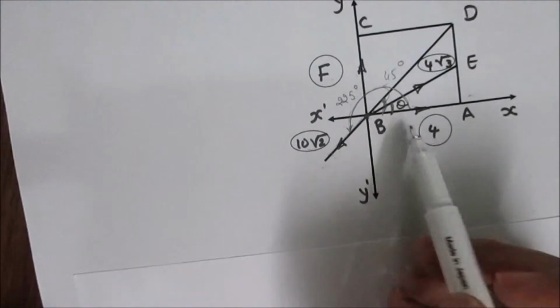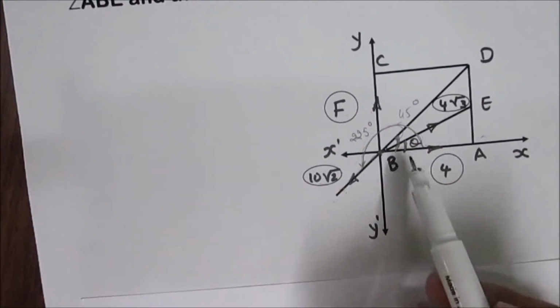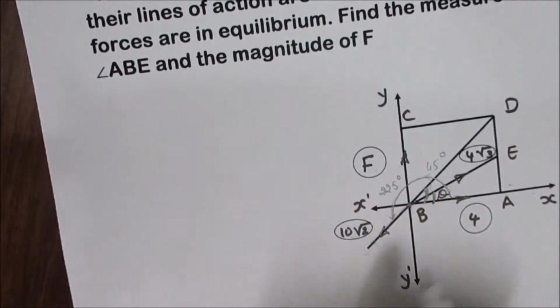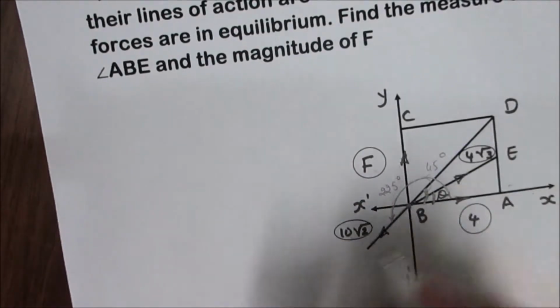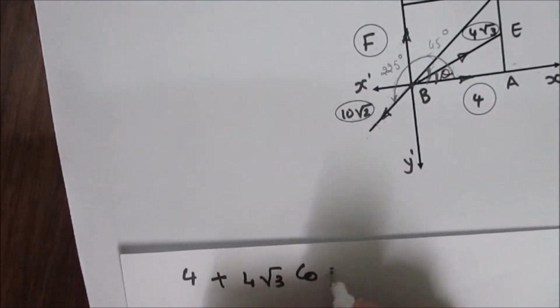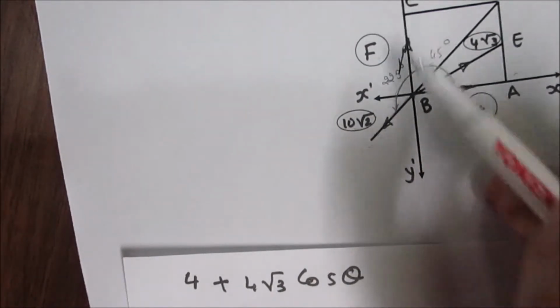So start with the direction of x, and the algebraic sum of the components in the direction of x equals 0. Here we have a horizontal force acting at BA. It's 4 kilogram weight, so plus 4, plus the horizontal component of 4 square root 3, which is 4 square root 3 times cosine theta. Then the force F is a vertical force.